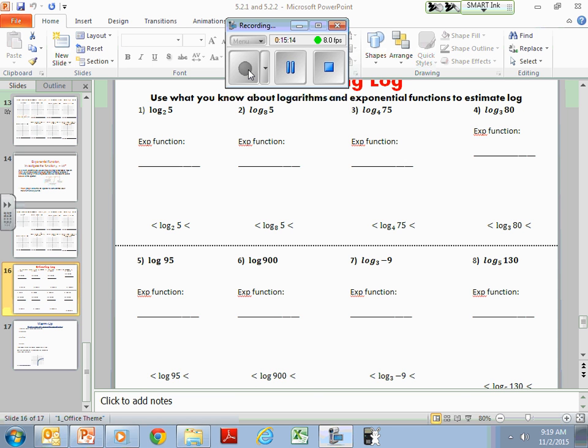Let's give them a little pattern to work with. Log. A little bit higher. A little bit of a pattern. Hey, log. Pattern should be there by now. Here it comes.